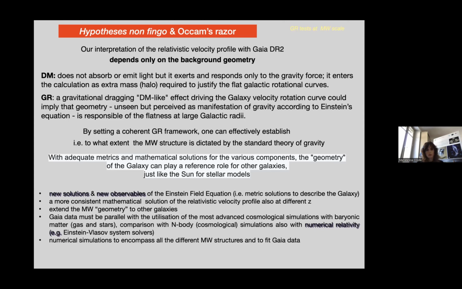But of course, we need, for example, to extend it to numerical simulations, to more complex simulations, to compare with the Gaia data that are much more complex. I forgot to say that we also made a cut in eccentricity. We chose a sample of stars that have low eccentricity, and so on. So in order to fit the real data of Gaia, which are much more complex, we also need a more complex model, numerical relativity. Maybe we have to implement Einstein-Boltzmann system solvers, and so on.